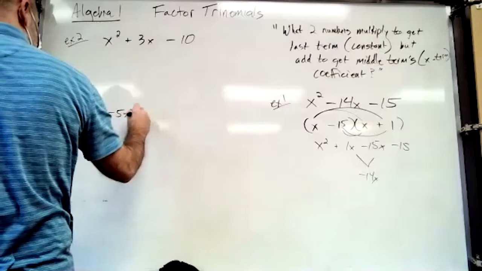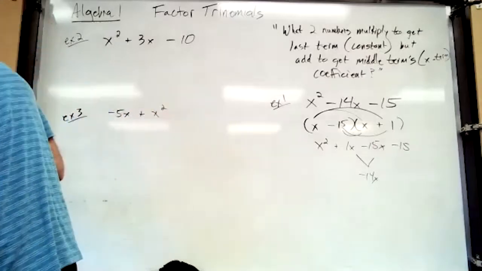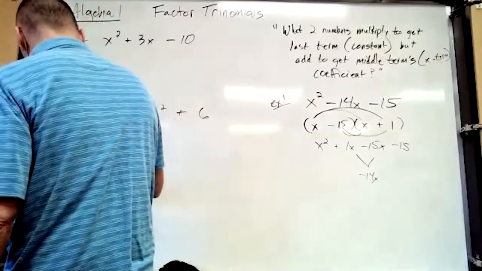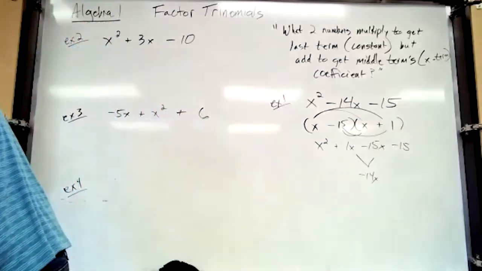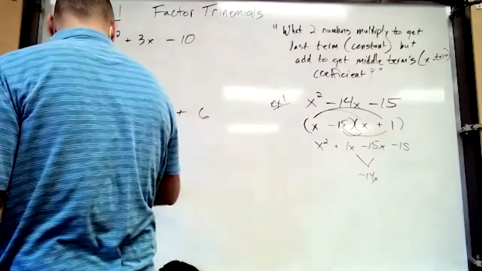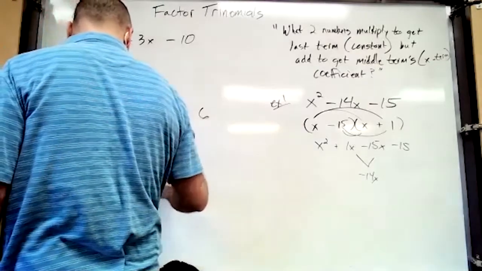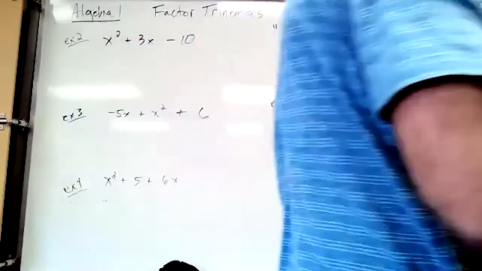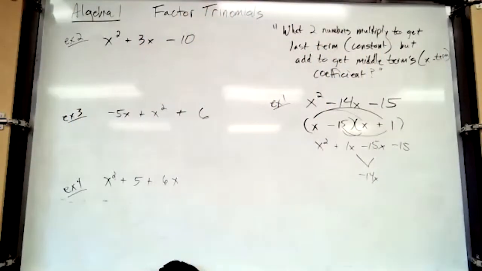Negative 5x plus x squared plus 6. And example 4. X squared plus 5 plus 6x. Trying to be tricky. So see if you can factor those 3 trinomials.